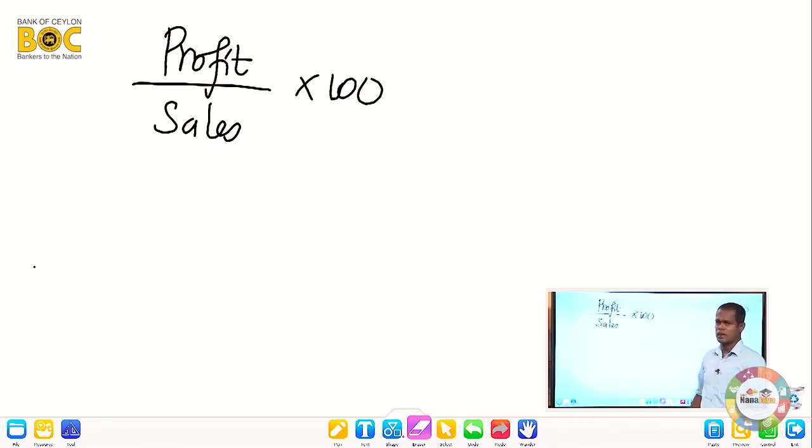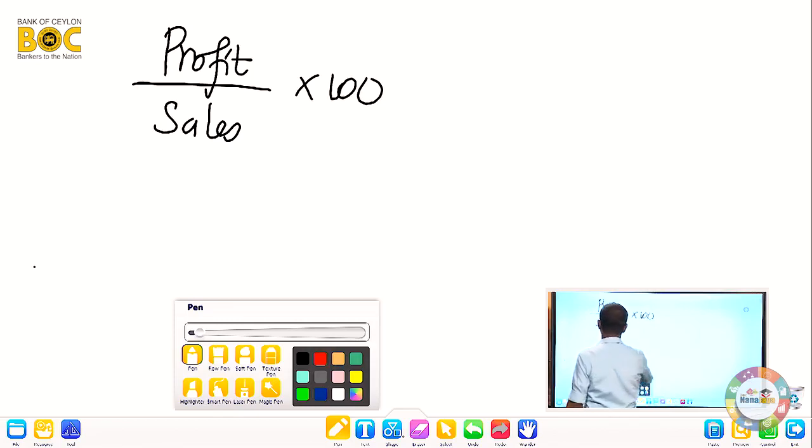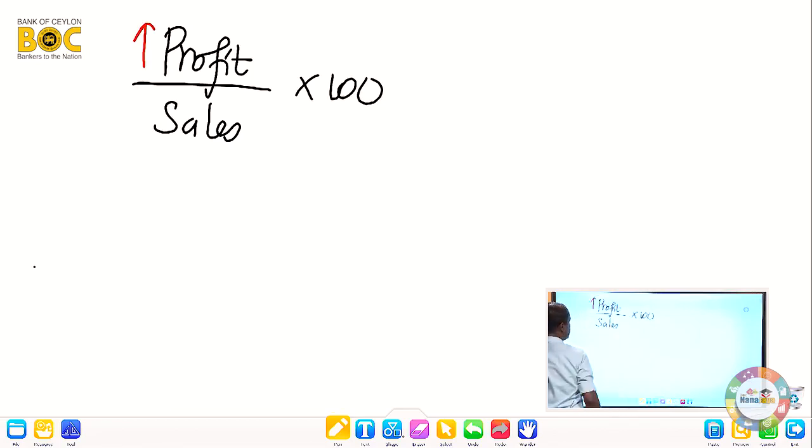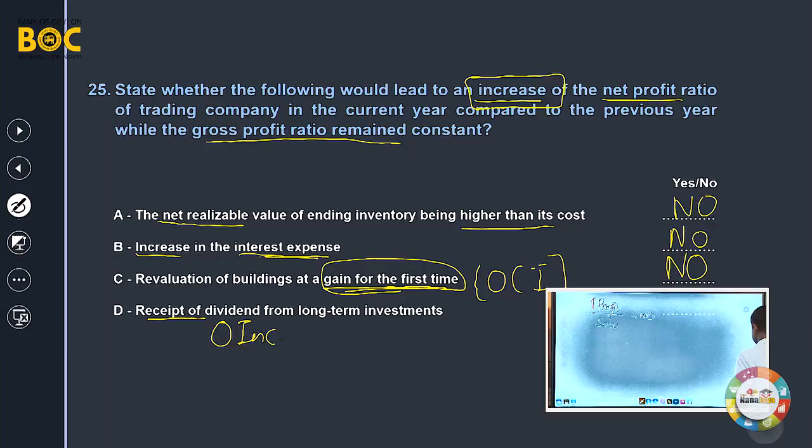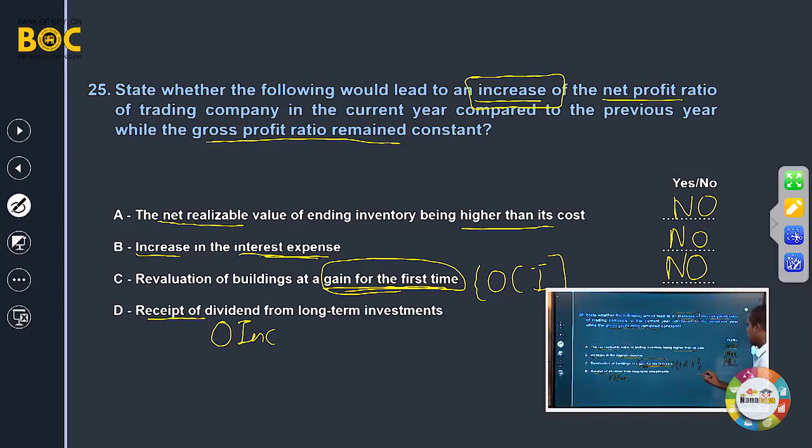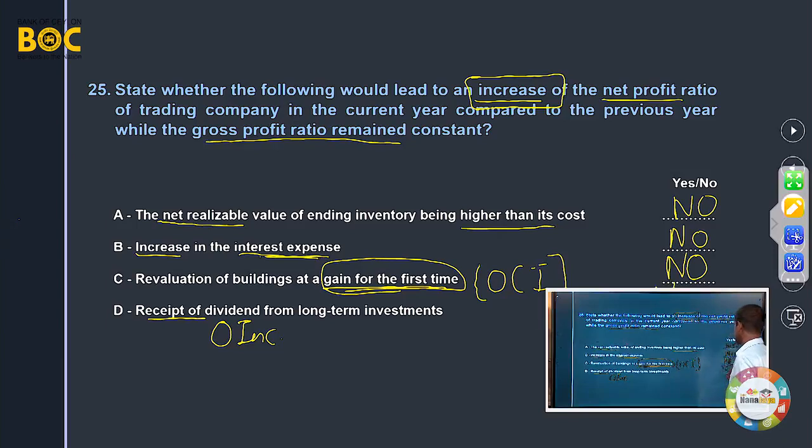Other income is a part of profit, and when profit increases, your net profit increases. The answer is yes.